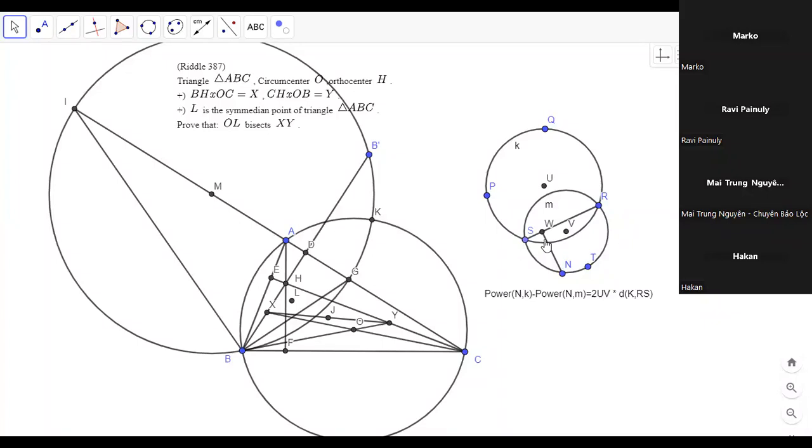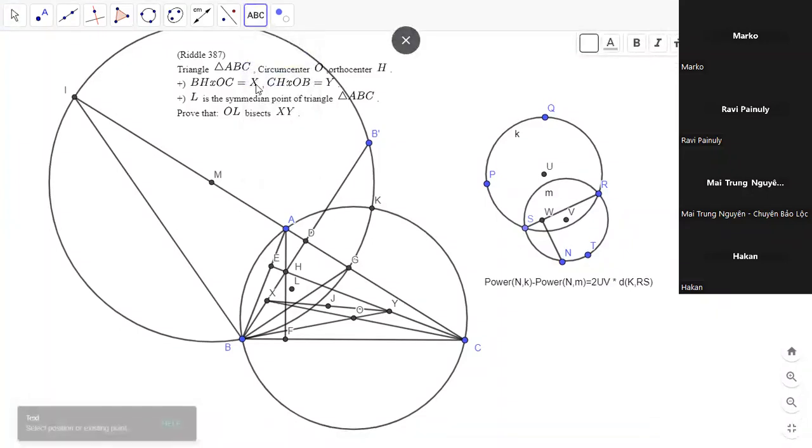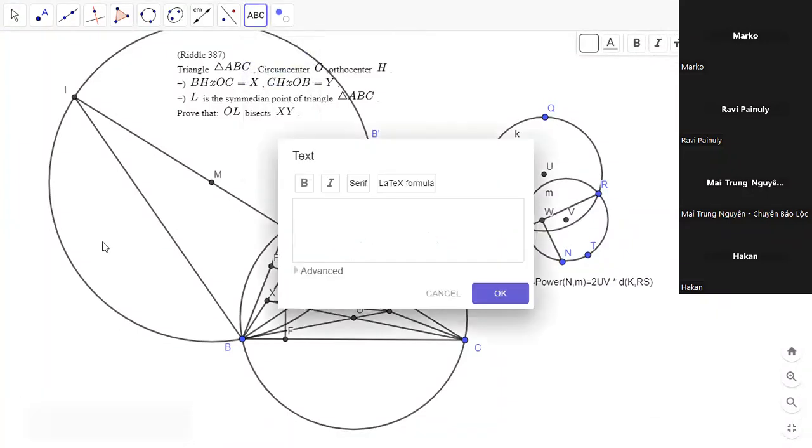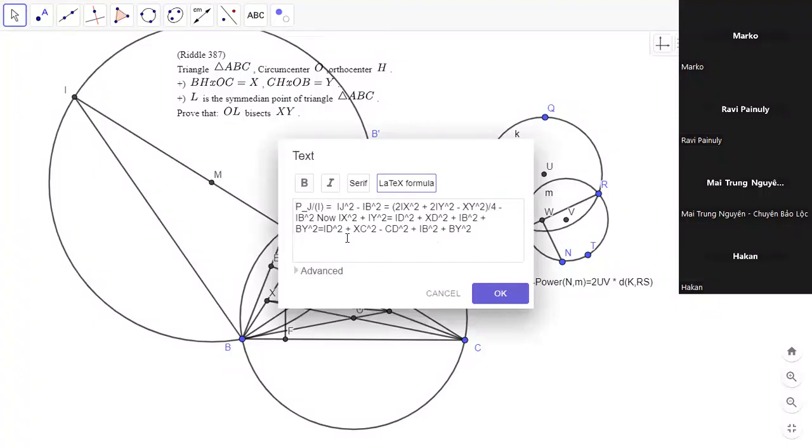So I copy it. And okay, yeah, so I'm going to type it up.